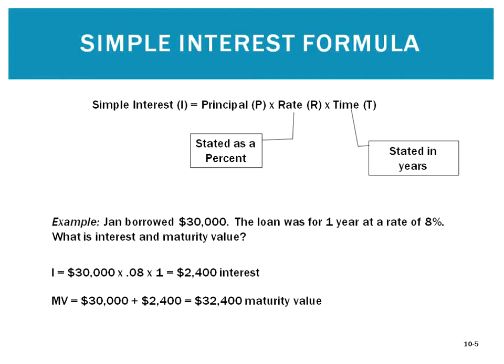Okay, another one. Jan borrowed $30,000. The loan was for 1 year at a rate of 8%. What is the interest and maturity value? Same thing. The principal is $30,000. Rate converted to a decimal, 0.08, times how much in years? It was 1 year.